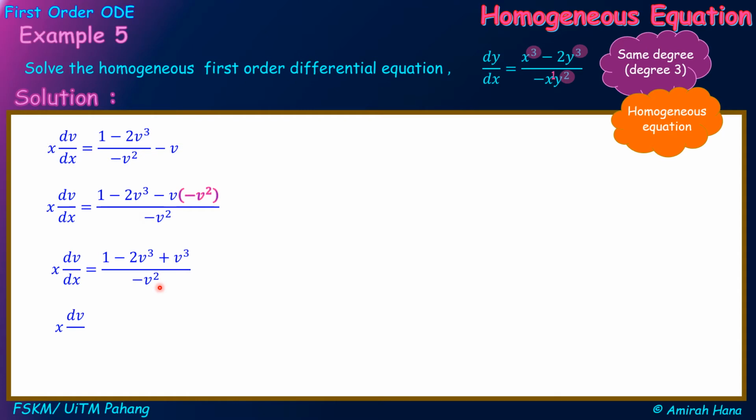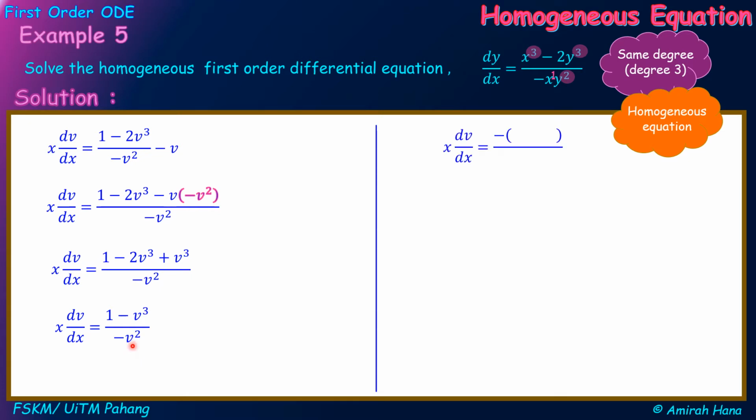Then we can simplify again. So we get x dv over dx equals 1 minus 2v cubed plus v cubed equals negative v cubed, so the numerator equals 1 minus v cubed over negative v squared.